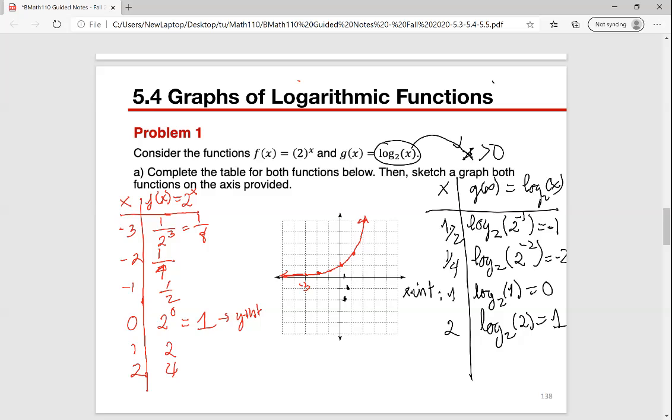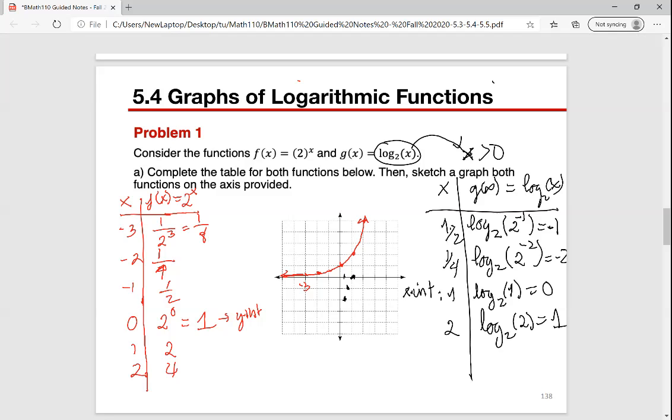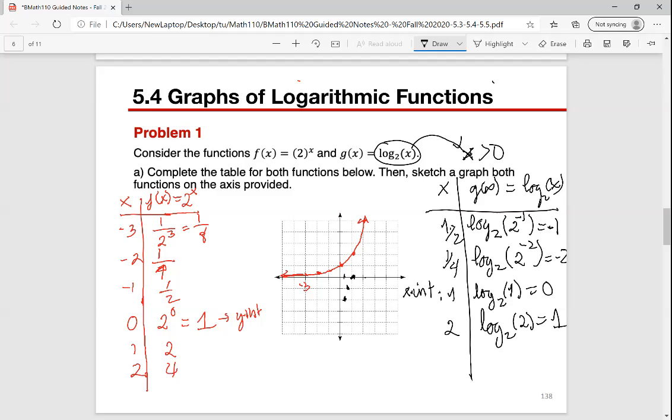Okay. And it will keep going higher. Let's see, 1 and then 0. So it should be here. And then 2 and 1.